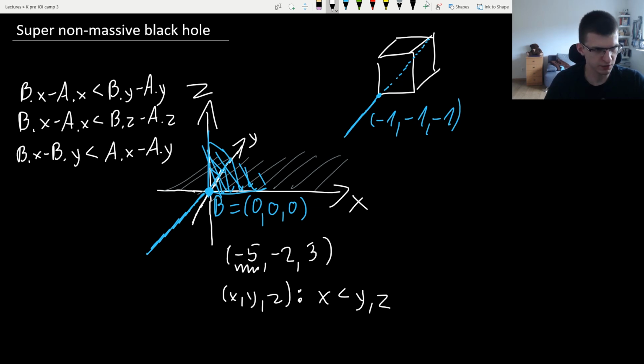And also the second one, so this was the set of inequalities, the second one is bx minus bz smaller than ax minus az.